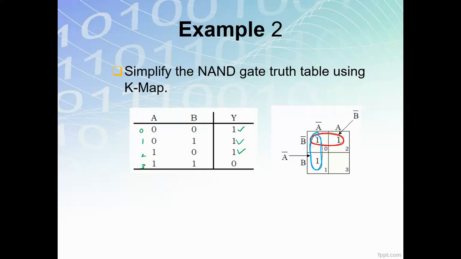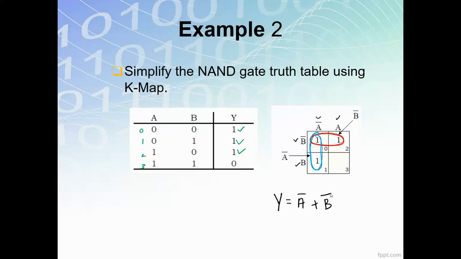After that, we can generate the simple expression for each particular loop. For example, they have A bar, we eliminate this one, so that we got A bar B bar, and then for the column, we eliminate B bar and B, so they have only A bar. So your expression will be Y equals A bar plus B bar. This is a NAND truth table using a K-map.